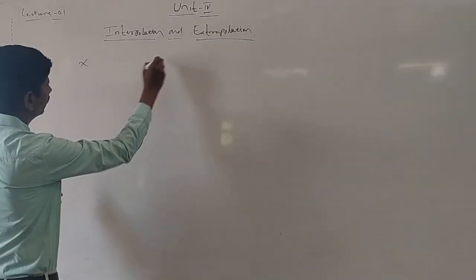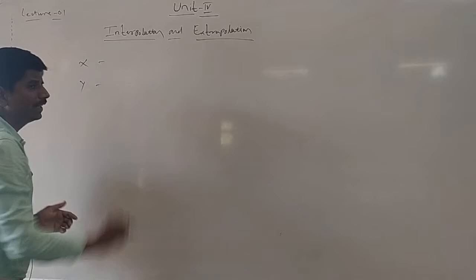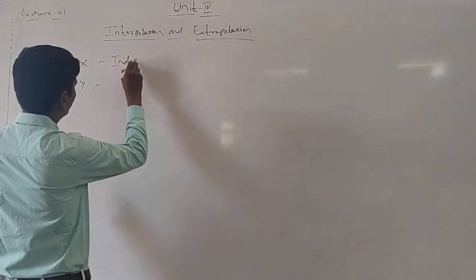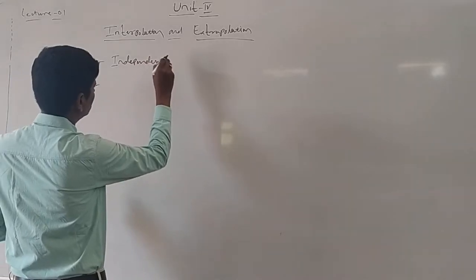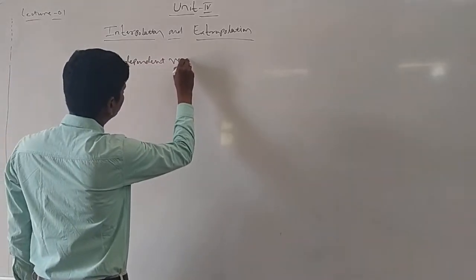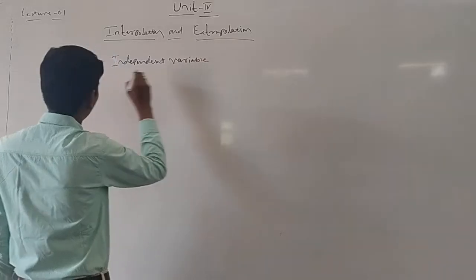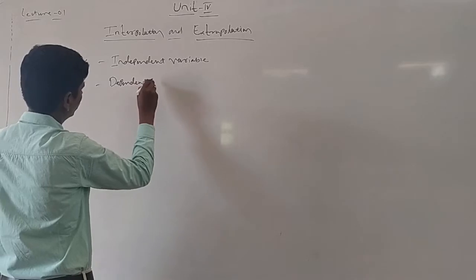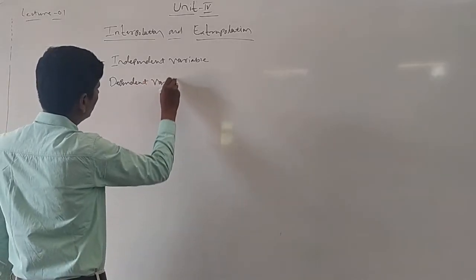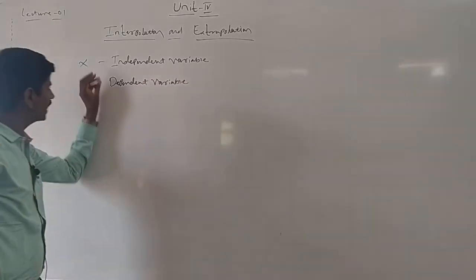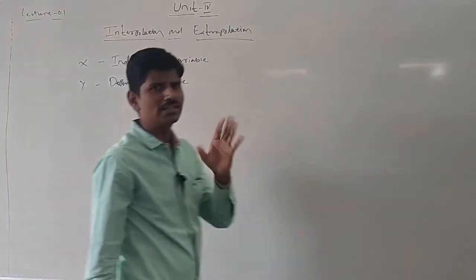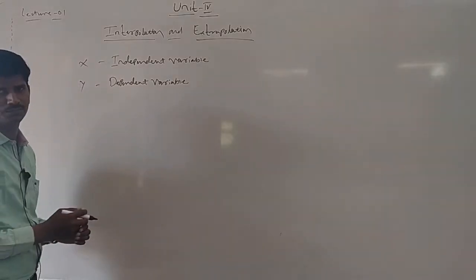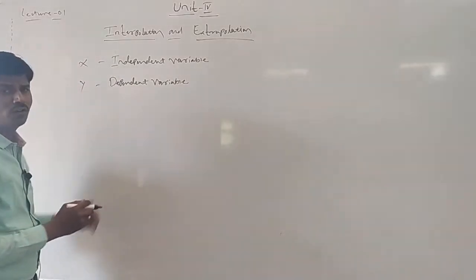Here x is an independent variable and y is a dependent variable. Here x is always the independent variable and y is always the dependent variable. Y is dependent on x.